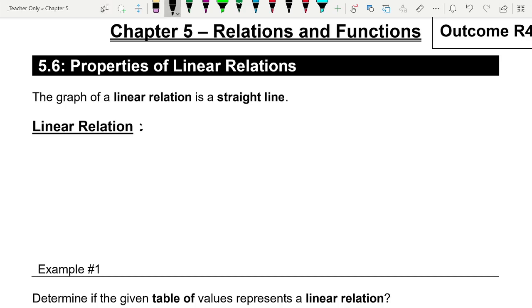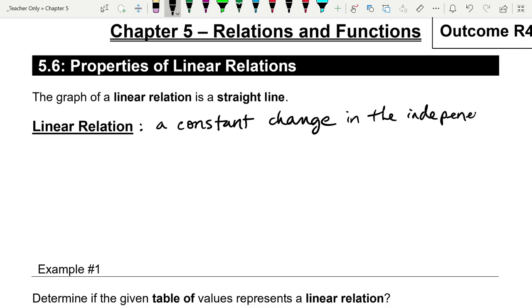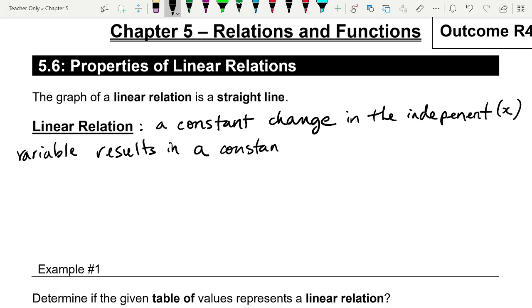A linear relation is when you have a constant change in the independent variable, which of course means the x variable, results in a constant change in the dependent variable, which is the y variable.